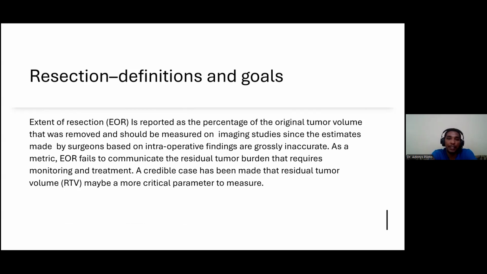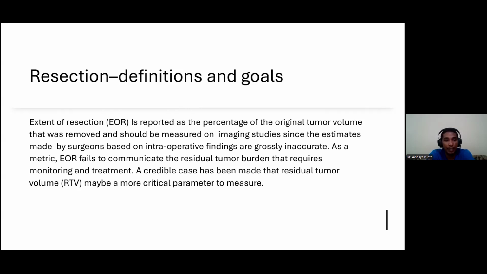Resection, definition and goals. Extent of resection is reported as the percentage of original tumor volume that was removed and should be measured on imaging studies, since the estimates made by the surgeon based on intraoperative findings are grossly inaccurate.